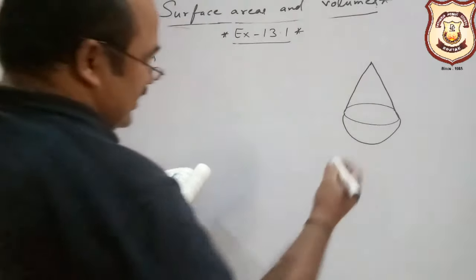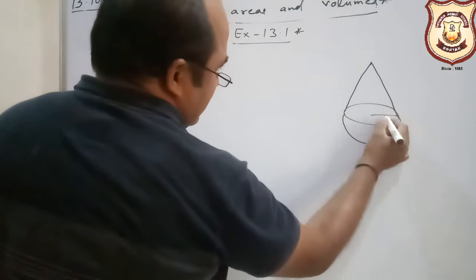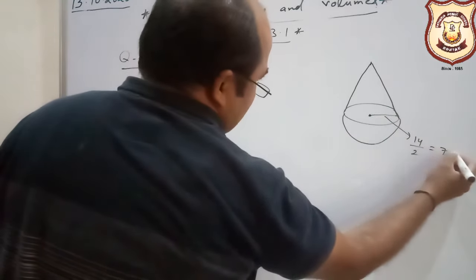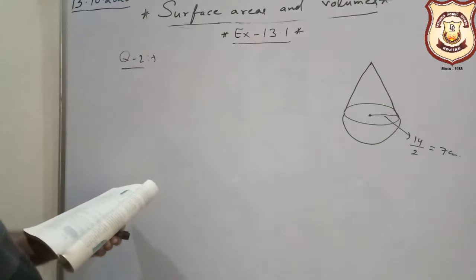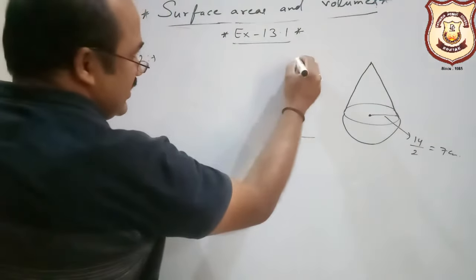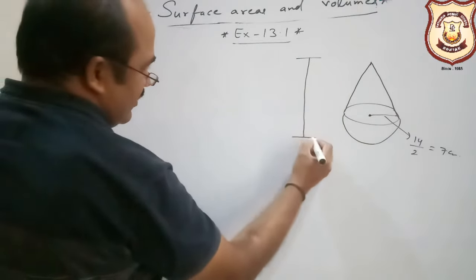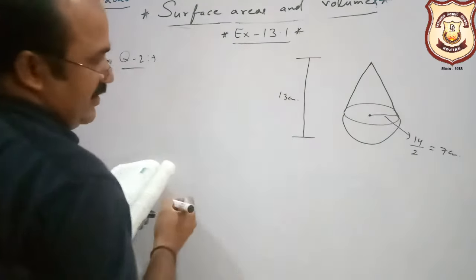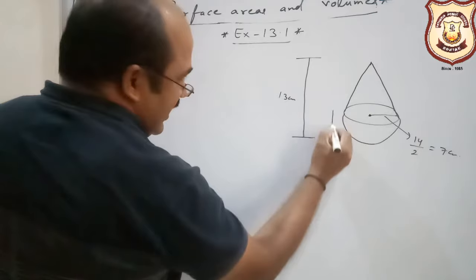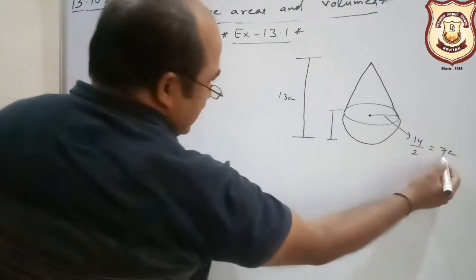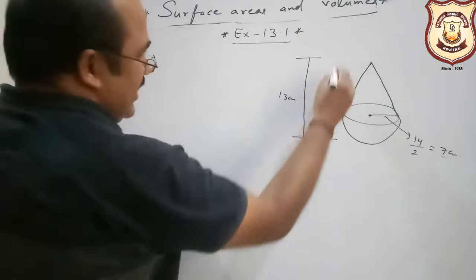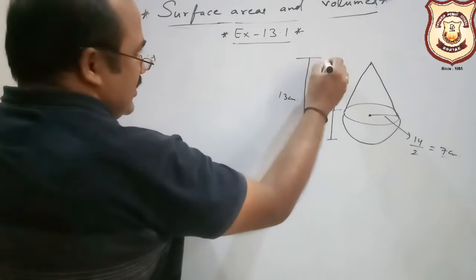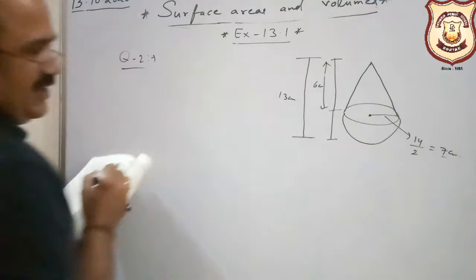Students, the diameter is given as 14 centimeter, so the radius becomes 14 by 2, 7 centimeter. The total height given is 13 centimeter. Up to here it is only 7. 13 minus 7, so the cone height becomes 6 centimeter.